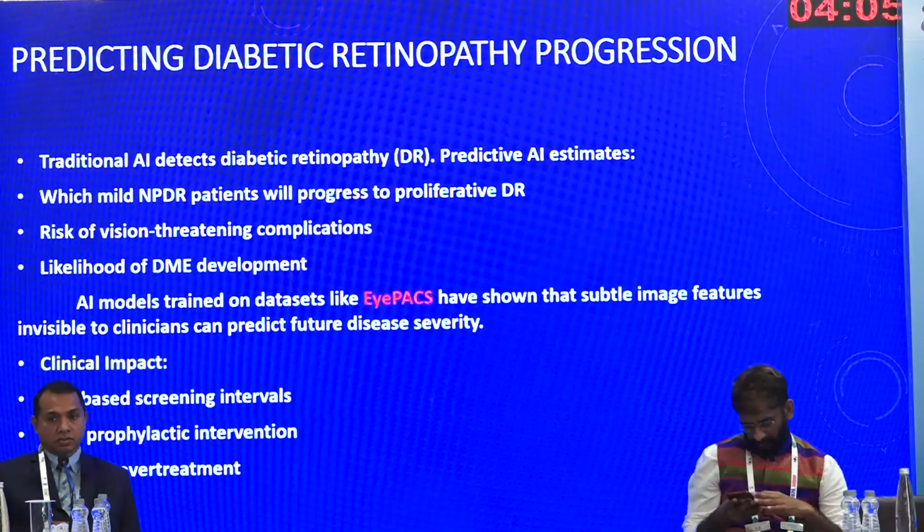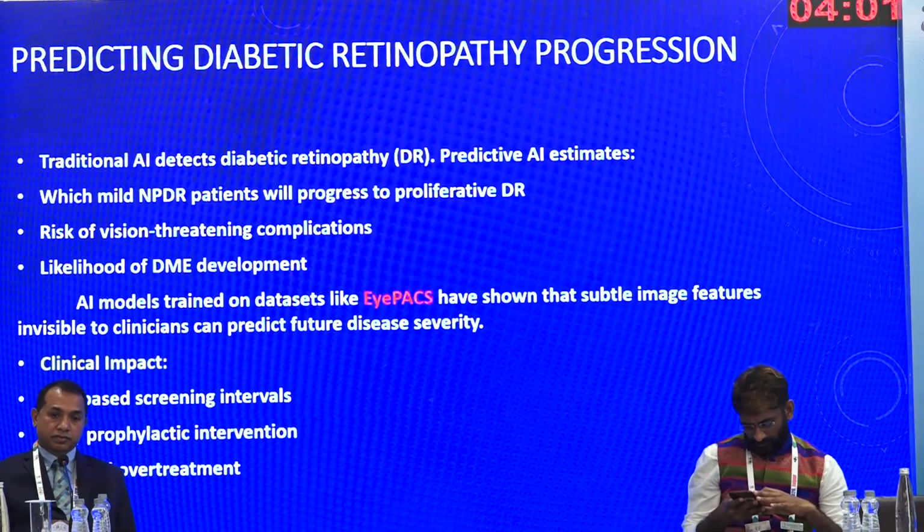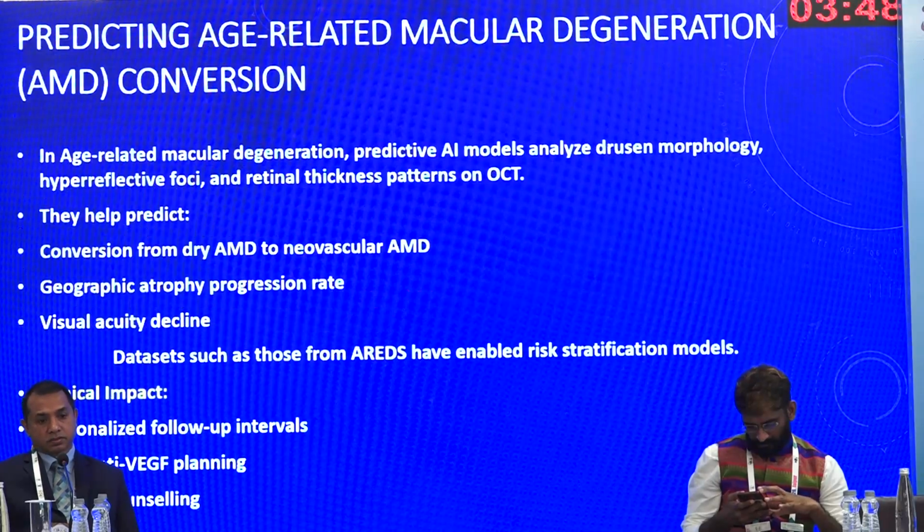And what is the clinical impact? It develops risk-based screening intervals. Somebody might need a screening after 6 months, somebody after 3 months. It enables early prophylactic intervention, knowing when to intervene and when not to. It reduces the overtreatment load.